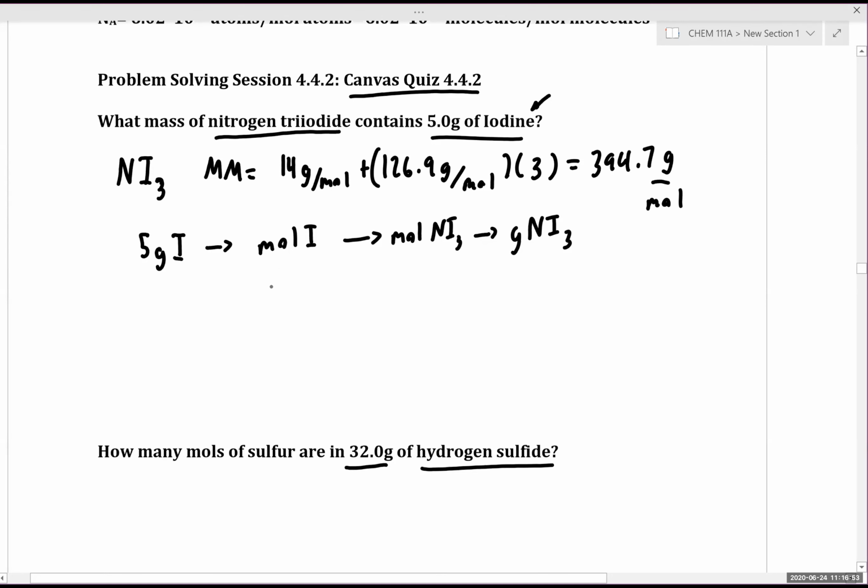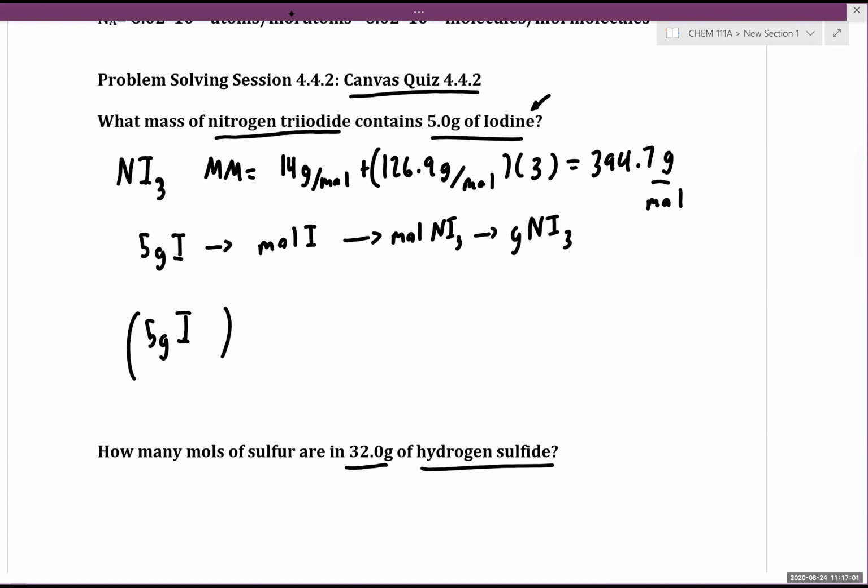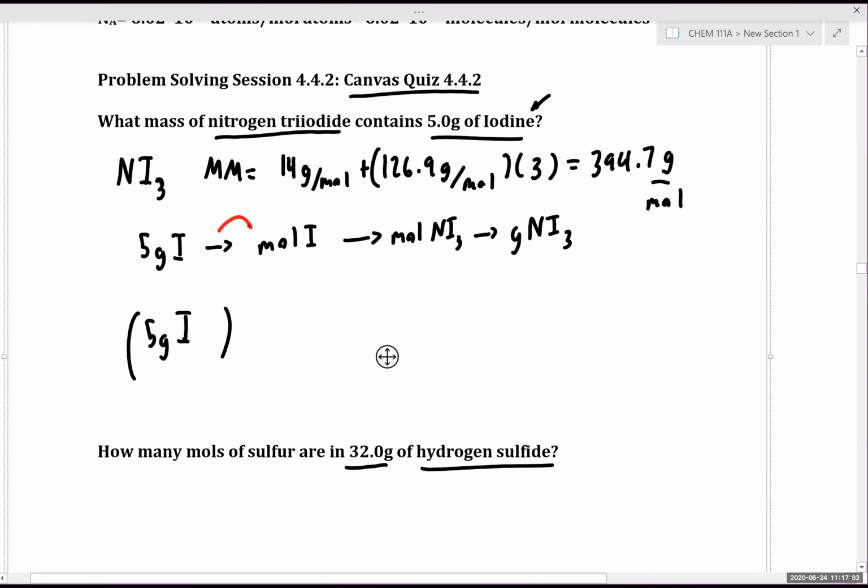Okay, perfect. So now that we have our scheme, exactly as mentioned, we're going to execute on that scheme. So for 5 grams of iodine, to go from grams of iodine to moles of iodine, we know that in 1 mole of iodine, we have 126.9 grams.